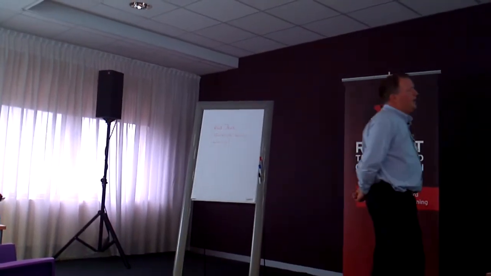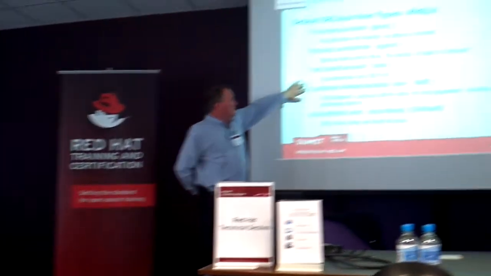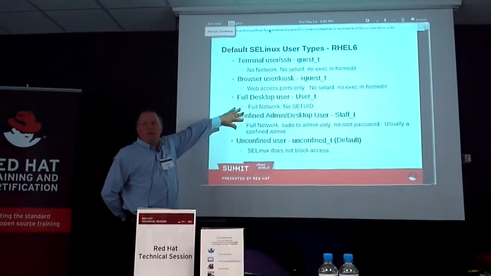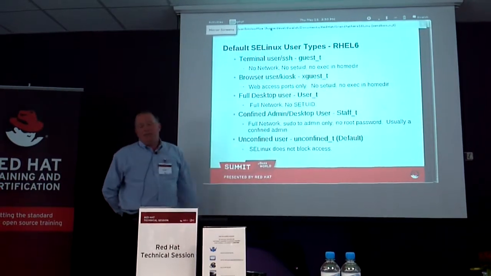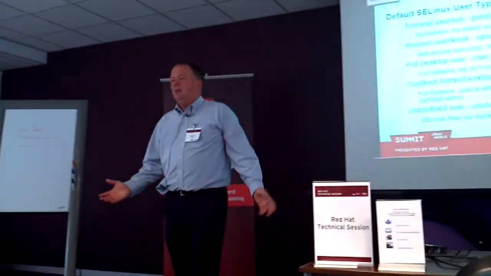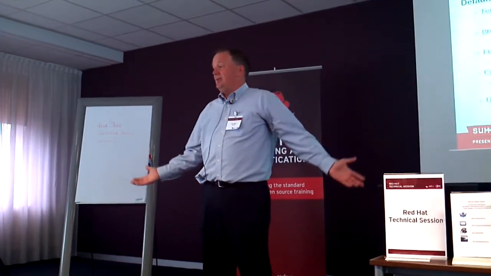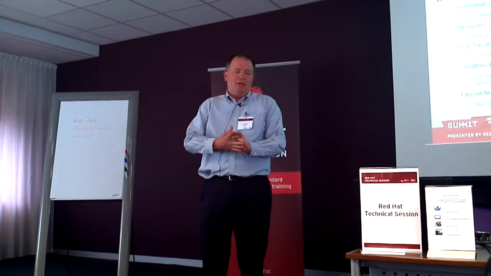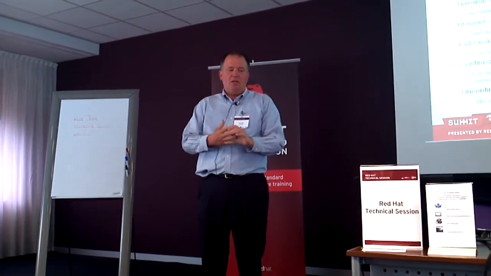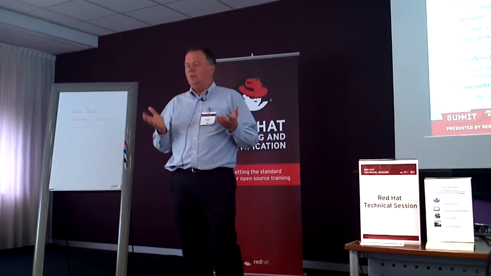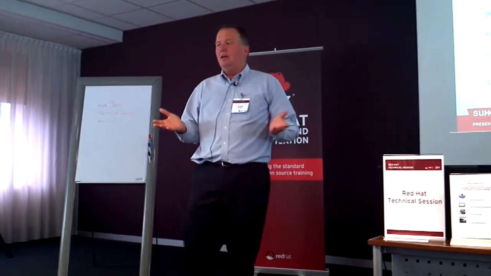When we came out with strict policy and MLS policy, originally there were 2 confined users defined. There was the user T and the staff T. But user T was all users that don't administer a machine, and staff T was users who administer a machine. That's really the only difference between the 2 domains, or types. And so what happened when we first came out, just years ago, and there was no unconfined T, these policies kept on growing.